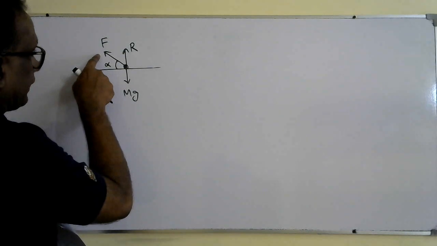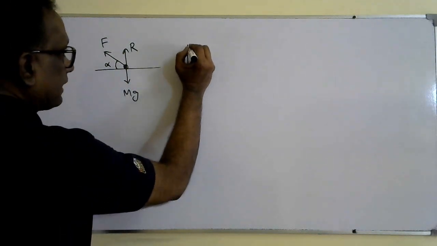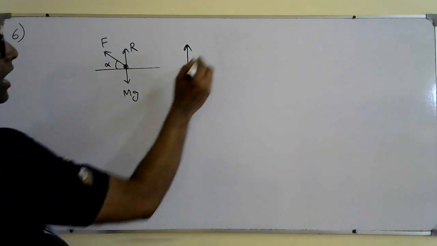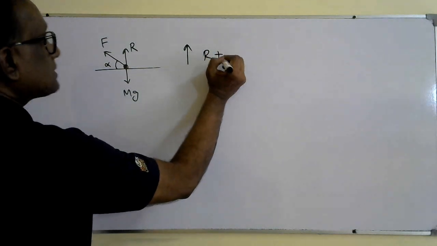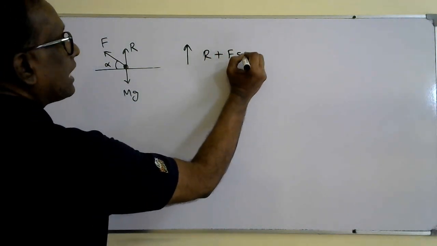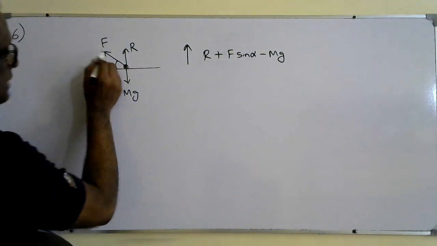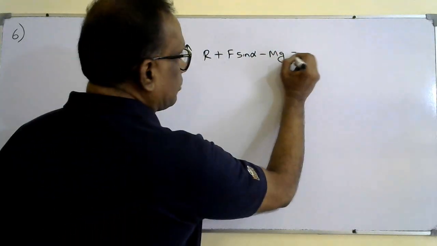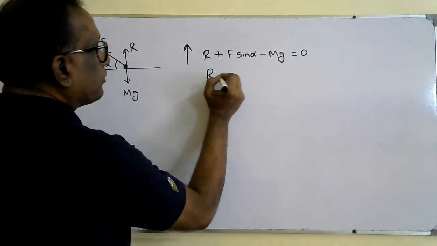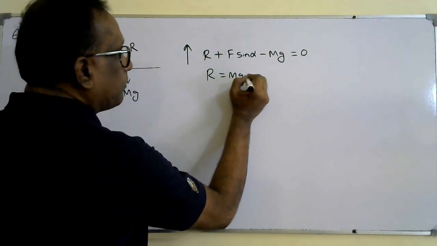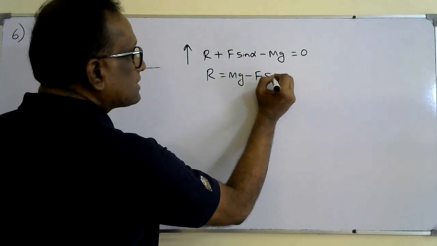Now after you apply F, when I consider the vertical direction, how many forces are acting? R plus F sine alpha minus mg. These are the three forces acting on the object, equal to 0. So R is going to be mg minus F sine alpha.